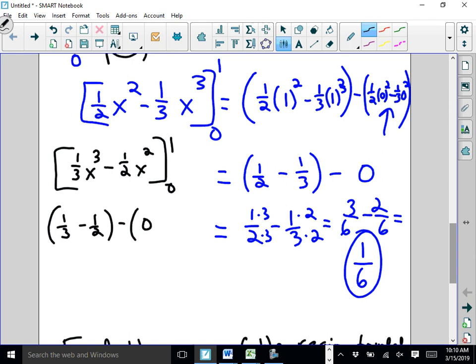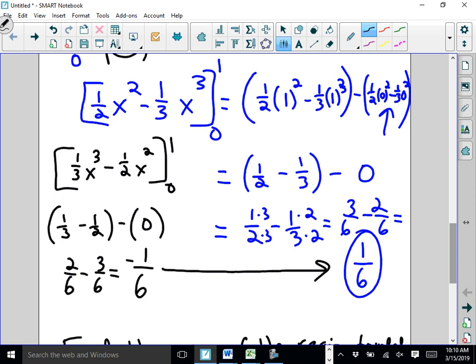And we would have gotten 2/6 minus 3/6, which would have given us negative 1/6. Now we know that an area can't be negative. But if you notice, the absolute value of that answer does come out to be the same as the actual answer.